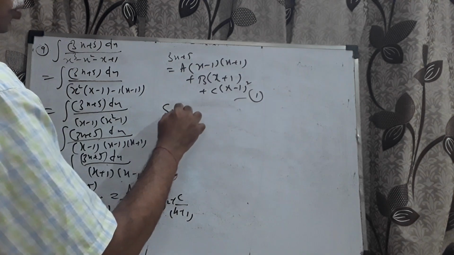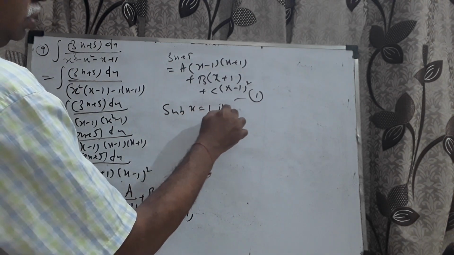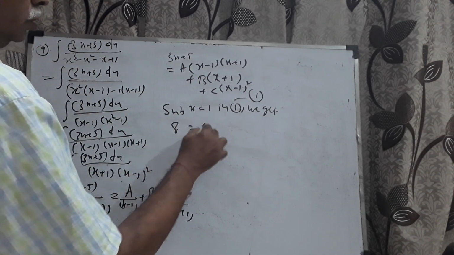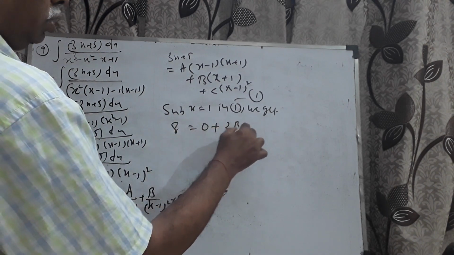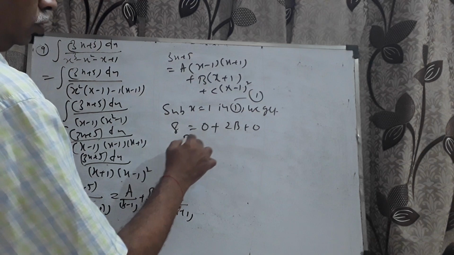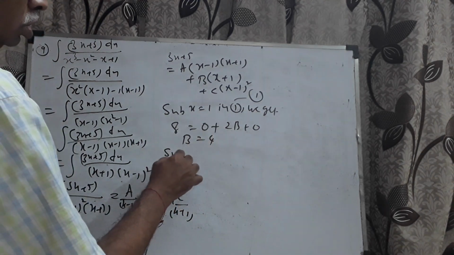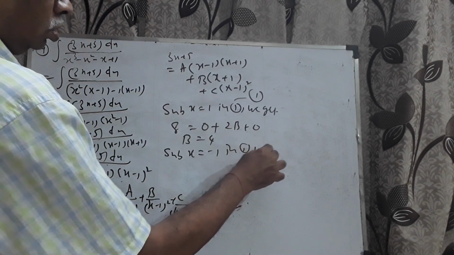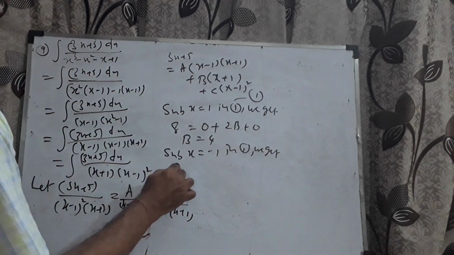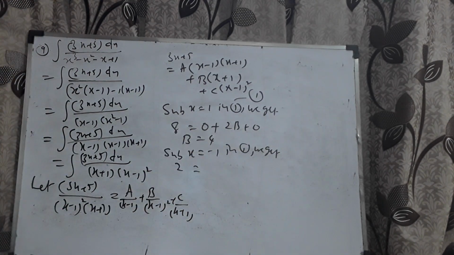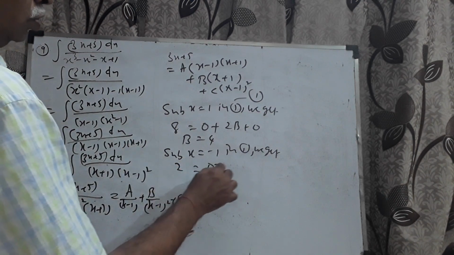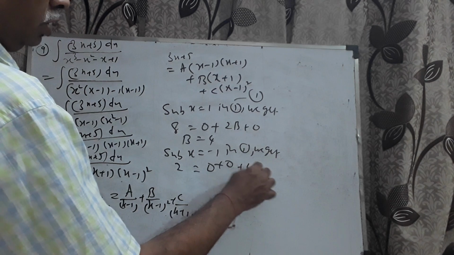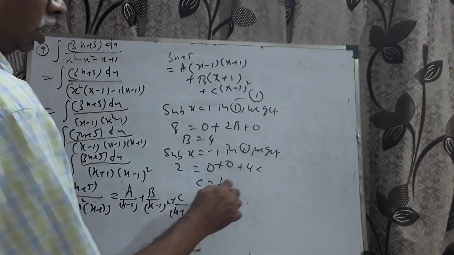Now substitute x equal to 1 in 1. What do you get? 8 is equal to 0 plus 2b plus 0. Therefore b becomes 4. Now substitute x equal to minus 1 in 1. 2 is equal to 0 plus 0 plus (minus 1 whole squared is of course) 4c. Therefore c becomes half.